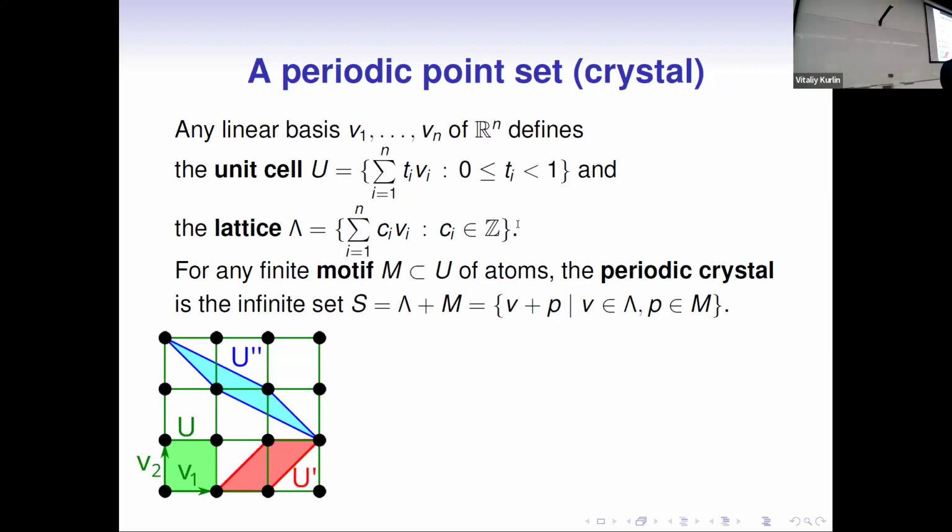But that's not the only thing, because sometimes we can have some atoms within those unit cells, within the lattice, and that we can call a motif of atoms. And then the periodic crystal is just the combination of a unit cell that defines the coordinate system, a lattice, and a motif within this lattice.